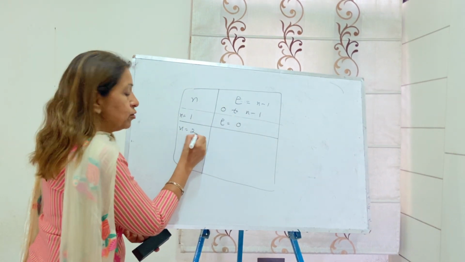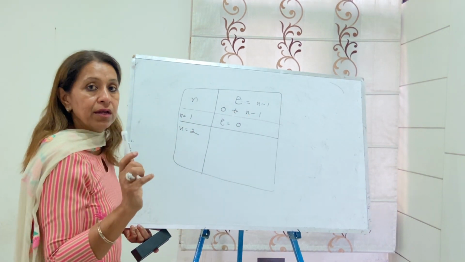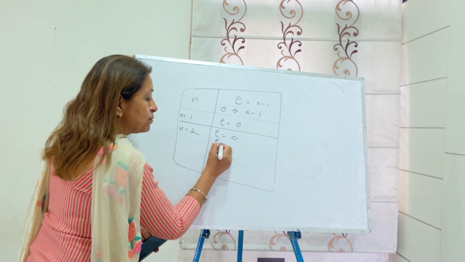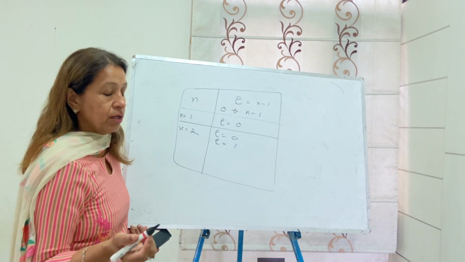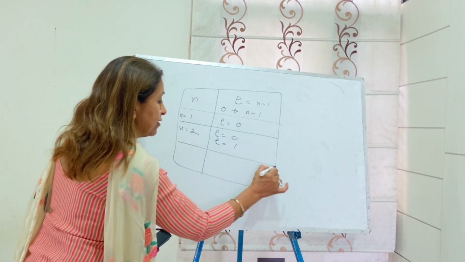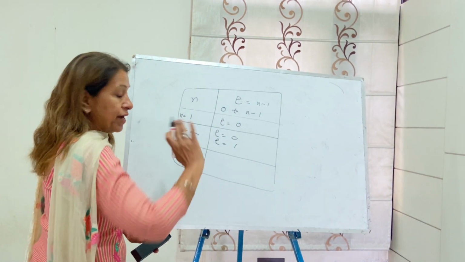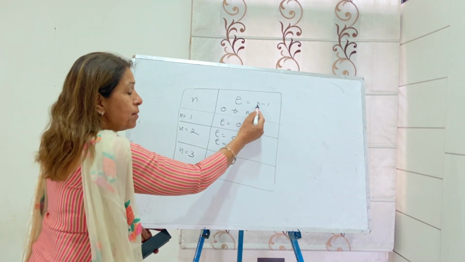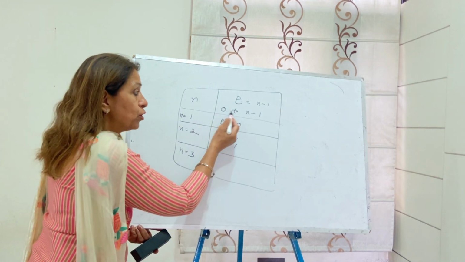If n is equal to 2, your L is 2 minus 1, which is 1. So 0 to 1. L is 0 as well as L is 1. You go on writing, and after half an hour it becomes a very simple topic for you. Keep mental attention on the blackboard. Now if n is equal to 3, then 3 minus 1 is 2, so 0 to 2.